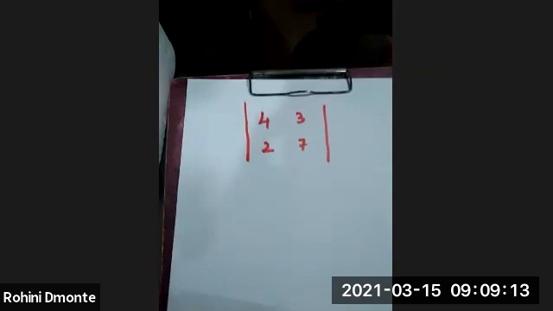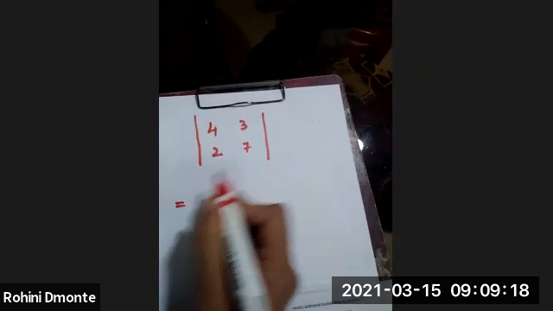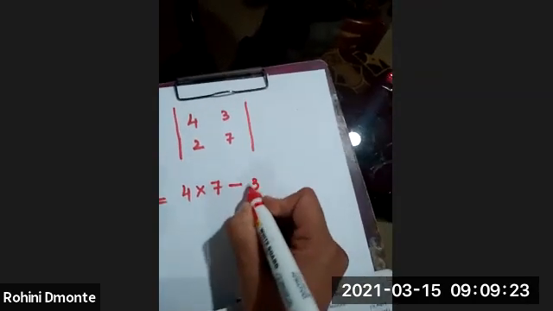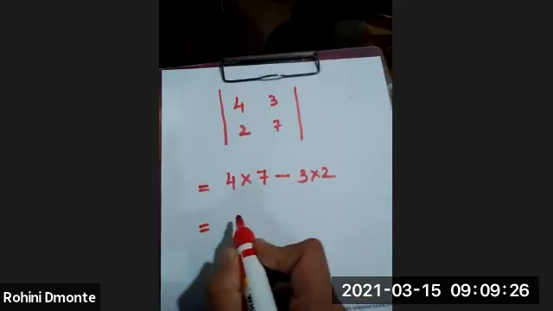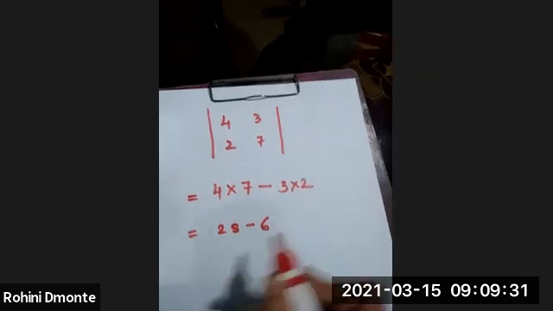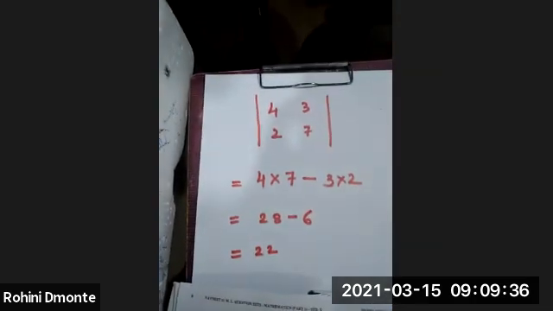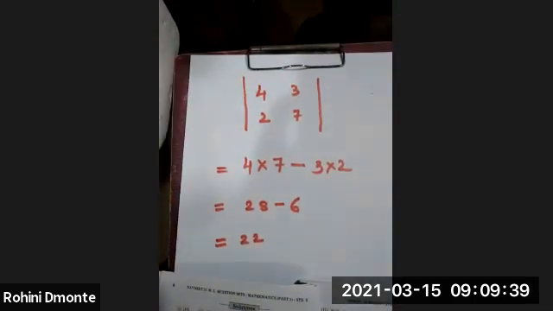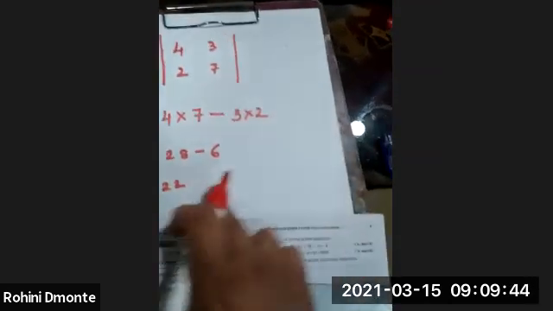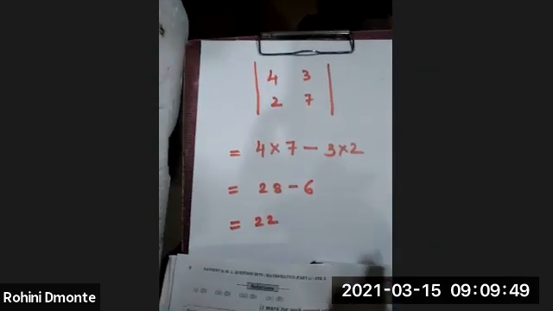What is the question? You have to find out the value of this determinant. Okay, so let us do that. 4 into 7 minus 3 into 2. So 7 4s are 28 minus 3 2s are 6. So what is the answer? 22. Right? See, this question number 1B, each question carries 1 mark and each step carries half marks. This step carries half marks and this step also carries half marks. So 1 mark.